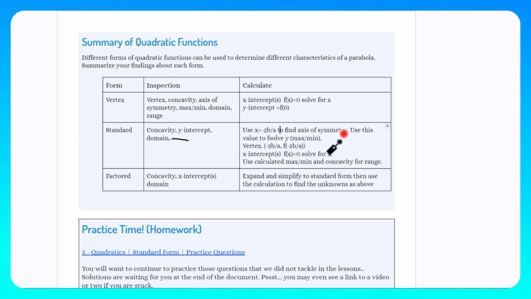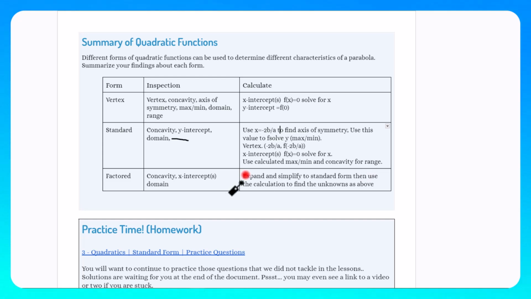We can use this to find the axis of symmetry, and then we can use this value to solve for y, the max or min. We would do that by plugging -b over 2a into f. For the x-intercepts, same as above, and we can use the calculated max or min and concavity, once we've determined these two things, to solve for the range.